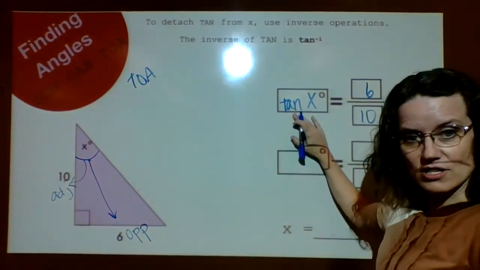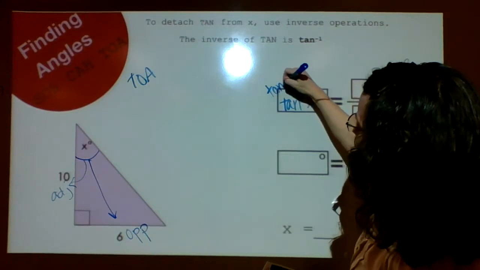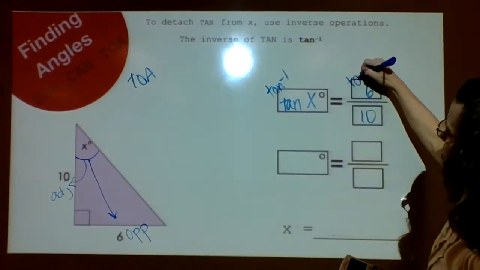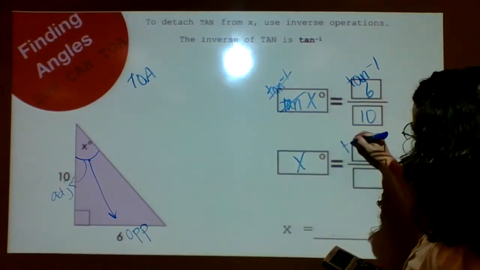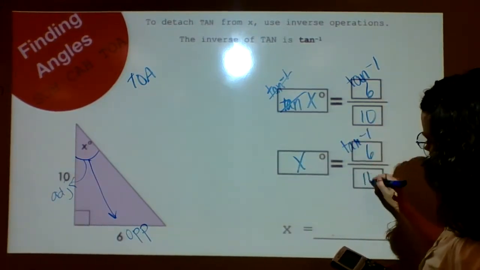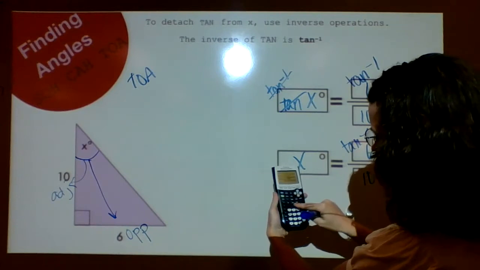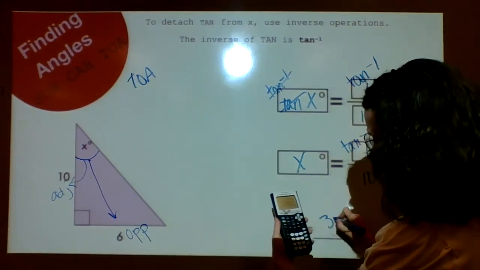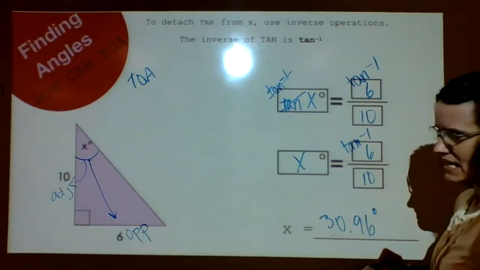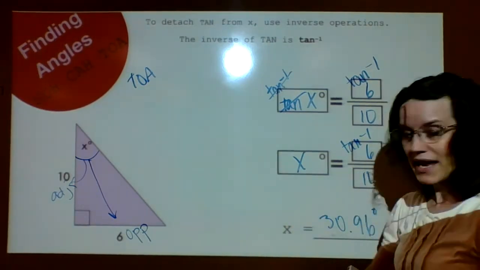To get the tangent off of my x, I need to inverse tangent. So I need to inverse tangent both sides. So x is going to equal the inverse tangent of 6/10. So I'm going to inverse tangent 6/10, and I'm going to come out with 30.96 as my number of degrees for this particular angle.